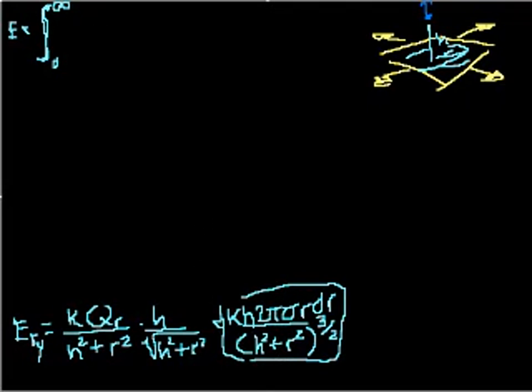Let me do it in a different color. This light blue is getting a little monotonous. k h 2 pi sigma r dr over h squared plus r squared to the 3/2. Now let's simplify this a little bit.